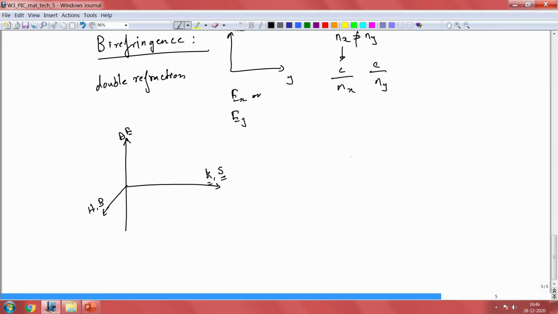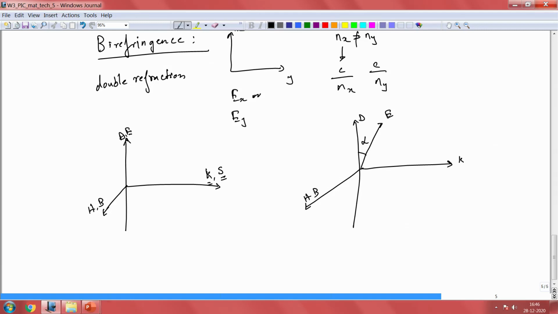So, let us look at the extraordinary case here. So, this is K. So, this is D and you have H and B will not have any effect, but we already know from our earlier understanding E and D are not going to be parallel. So, you will have a certain angle to your E. So, they are not going to be in the same direction.